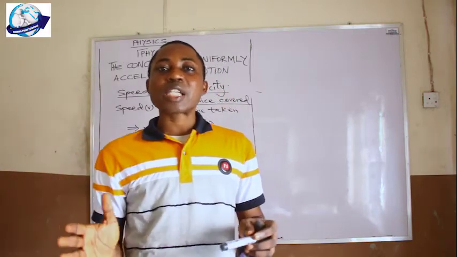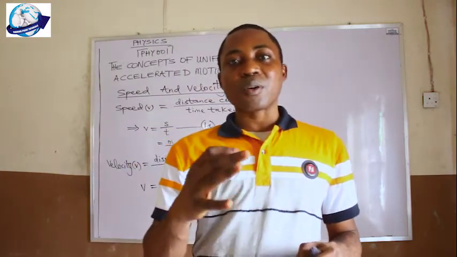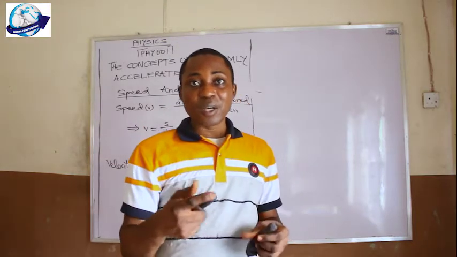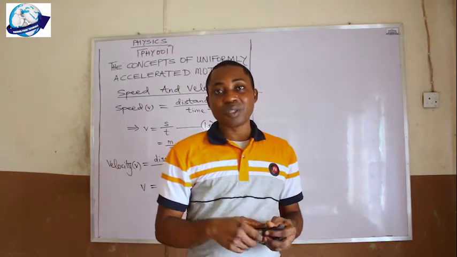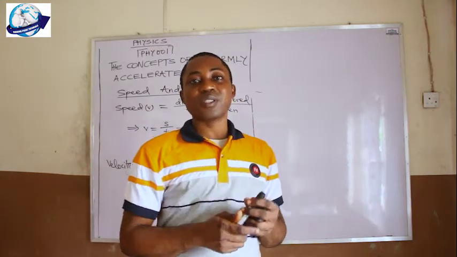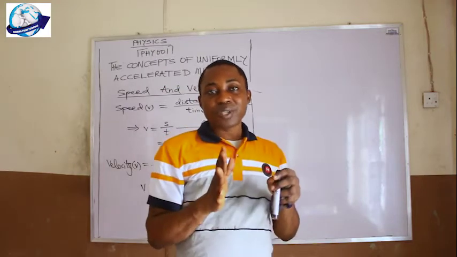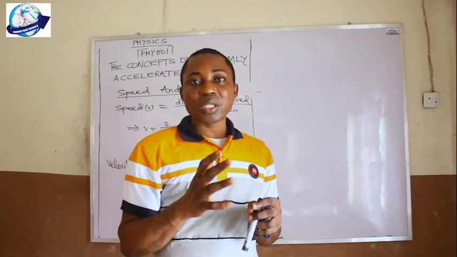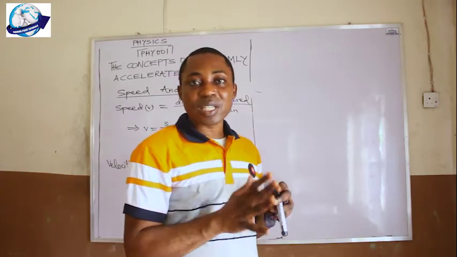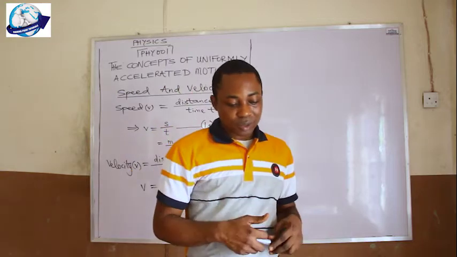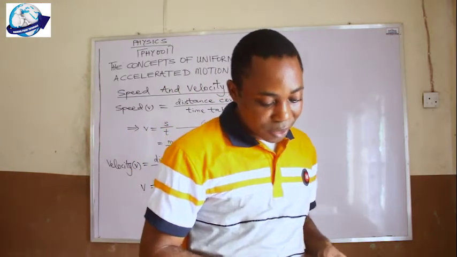We want to consider uniform velocity, non-uniform velocity, and average velocity. The first one we will consider is the average velocity, then we'll go into uniform velocity and non-uniform velocity.